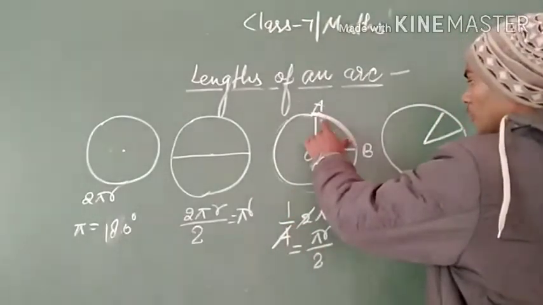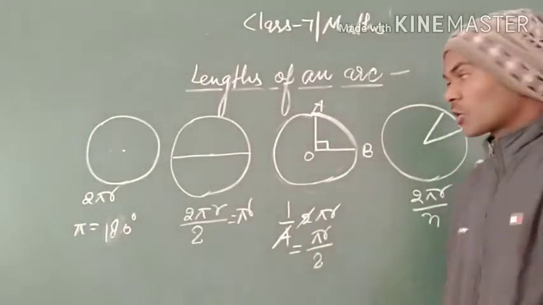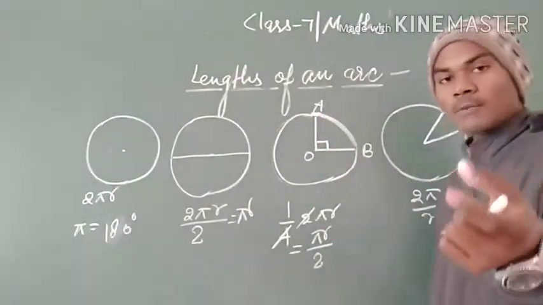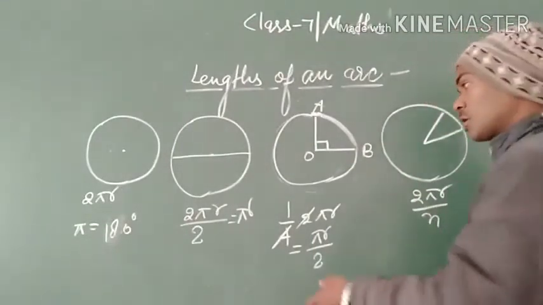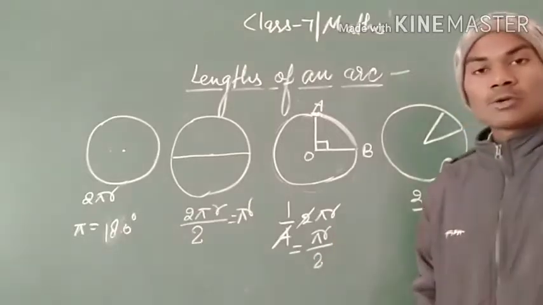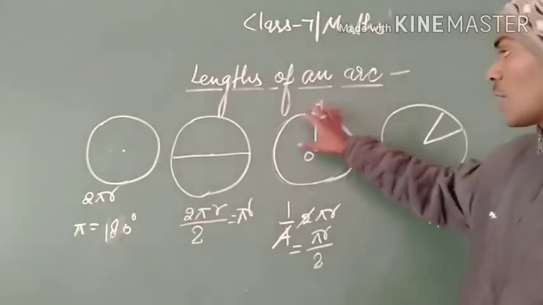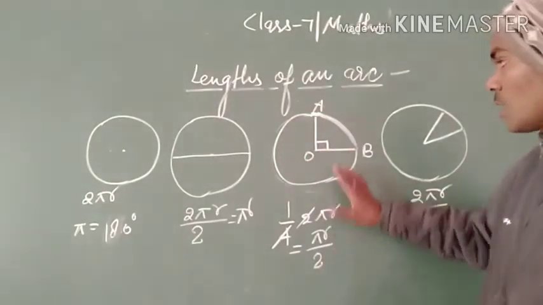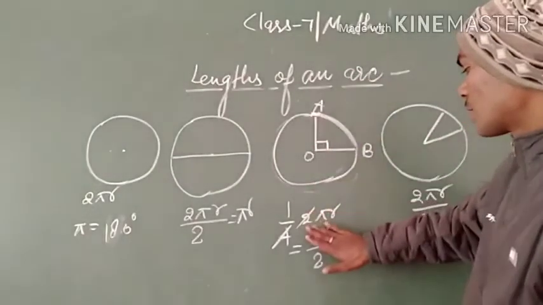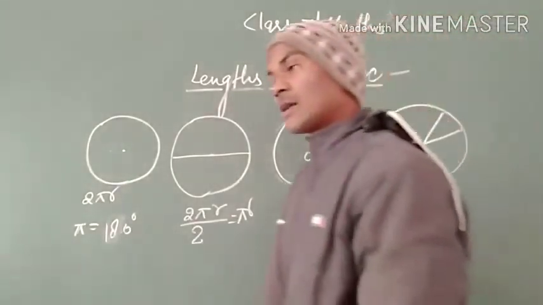Therefore, the length of arc AB will be pi r upon 2, because the length of AB is 1/4 of the total circumference. How do we get pi r upon 2? We know that the complete circumference is 2 pi r and the length of AB is 1/4 of the total, therefore we multiply 2 pi r by 1/4 and at last we get pi r upon 2.